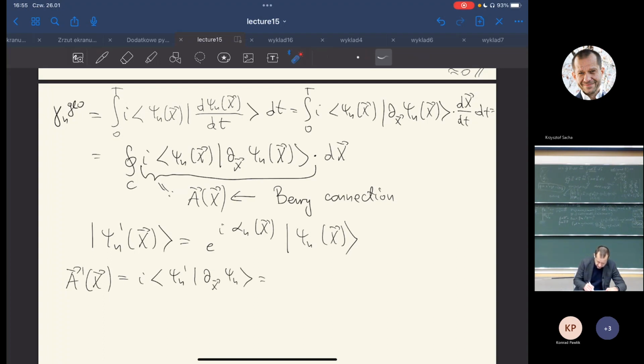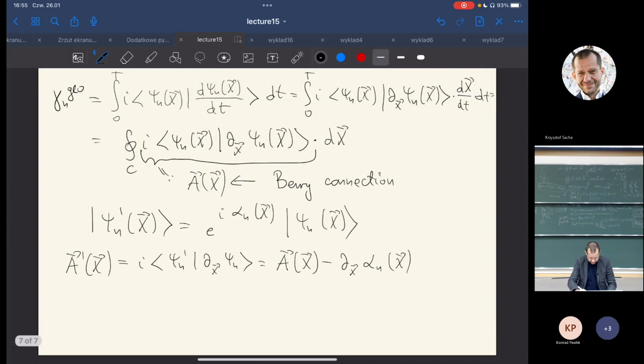And when we introduce the expression for our psi prime state, we obtain that this is the Berry connection for the state before the transformation minus the gradient of the phase. Okay, that's nice. So it suggests that by the proper choice of the phase, by the proper gauge transformation, we should be able to eliminate our Berry connection and make this quantity equal 0.